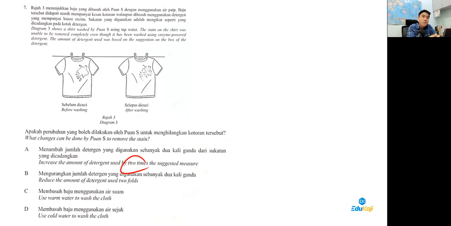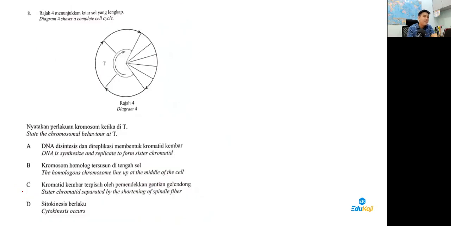It's not the right detergent. Reduce the amount, lagi teruk. Use already cannot come out, use lesser some more. Use warm water because enzymes work best at 37, if you remember. So number 7 answer is C.